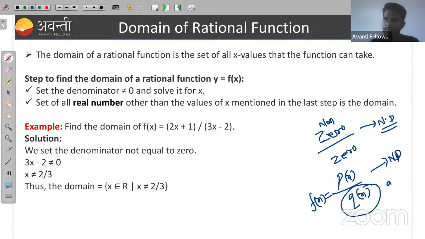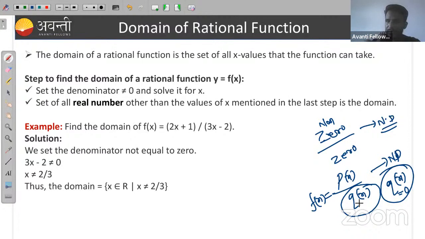Yes or no? If q of x is equal to 0, then for any such value of x for which q of x becomes 0, at that same time p of x will be non-zero, so non-zero upon 0 would be not defined.